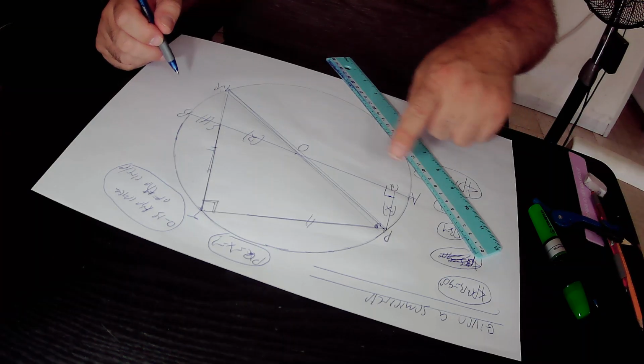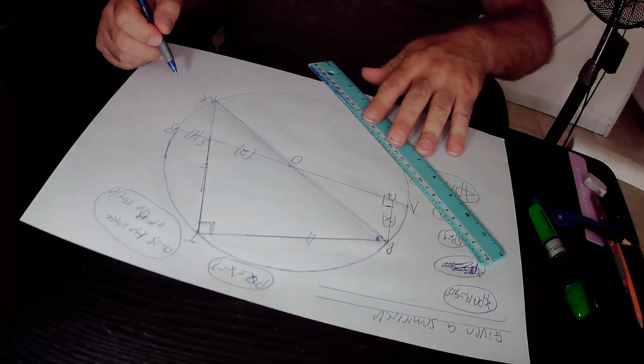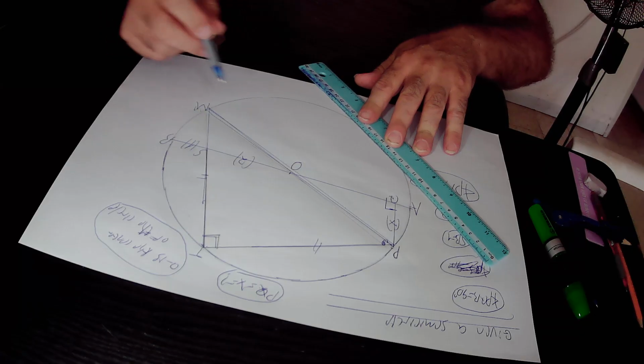So by joining points P and M together by a straight line, we can make triangle PTM.